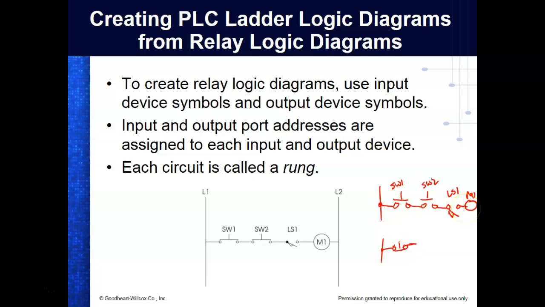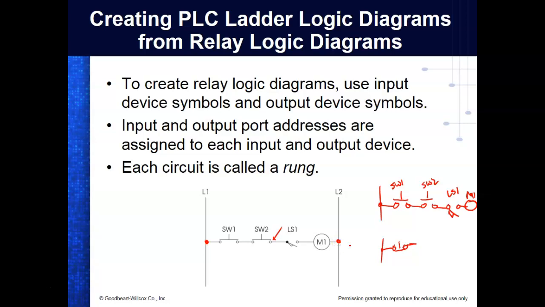For normally open, they should have a space there. If you look real close in your book, you can see a space, but usually we don't. We like to define that a little bit more. So this is a rung. This is a series circuit with one load. If this was relay logic, we wouldn't do that either. PLCs do that, but in relay logic, we would come over here and put dots right here.